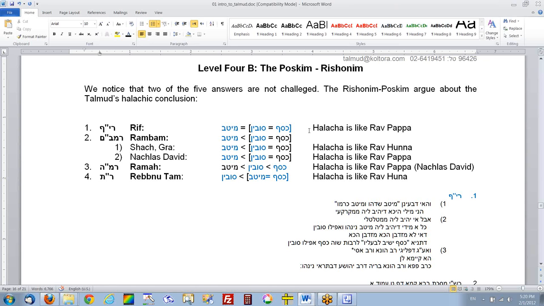Meitav, Karka, people will be jumping at an opportunity to buy your best of land, because it's always a valuable item. So according to the way the Rif learns Rav Papa, you can give equally Kesef, Subin, and Meitav. Now the Rambam says different. We can look at the Rambam here.